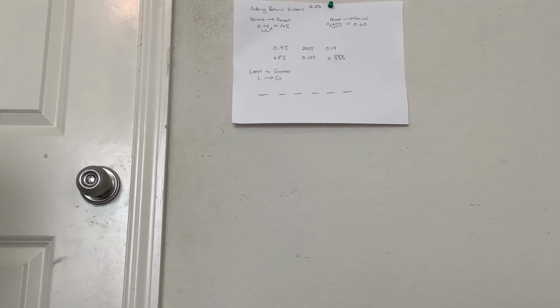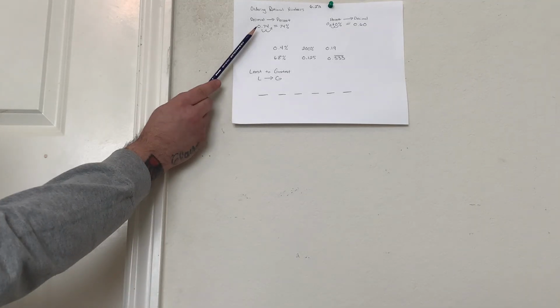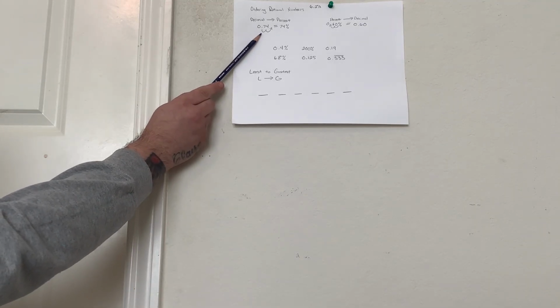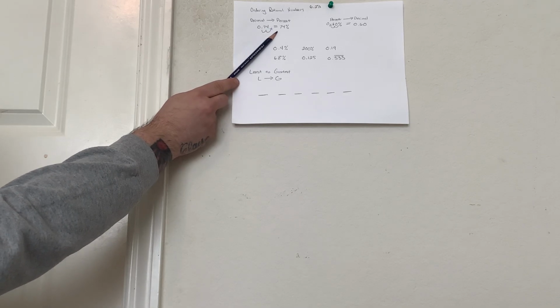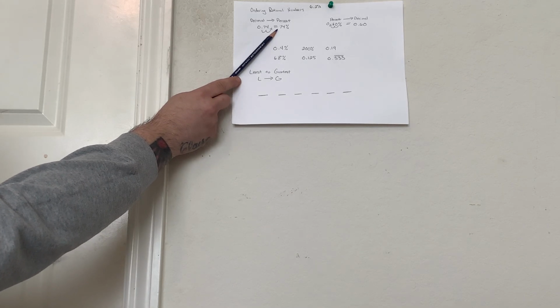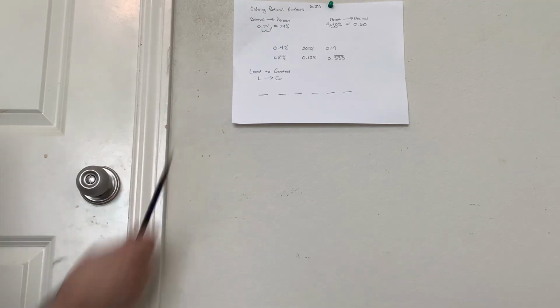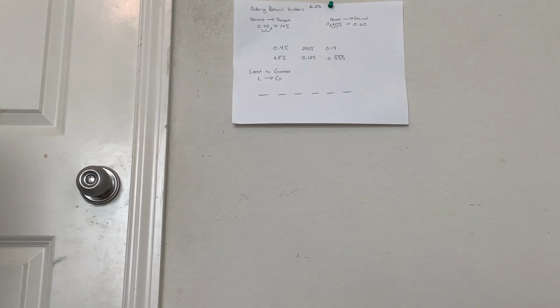So I have a couple of examples of how to convert a decimal to a percent. As you can see here, you would start at the decimal and move 2 places to the right. I got rid of the 0 and the decimal and replaced it with a percentage sign.